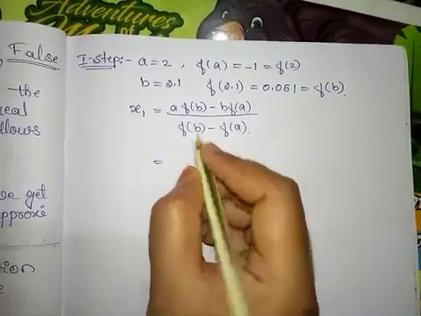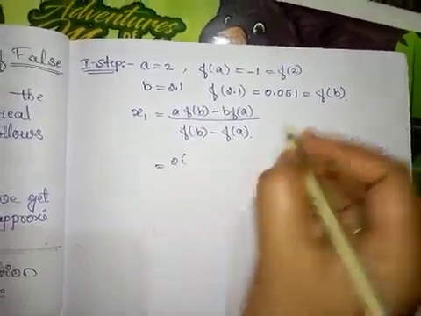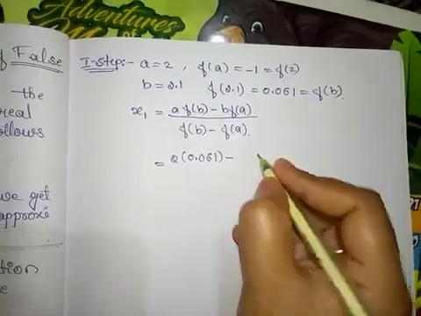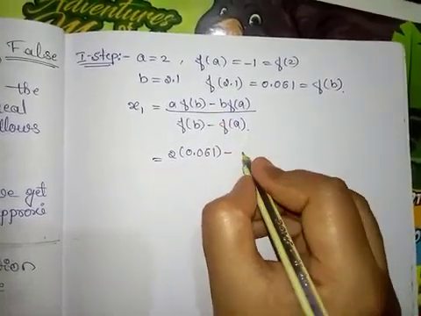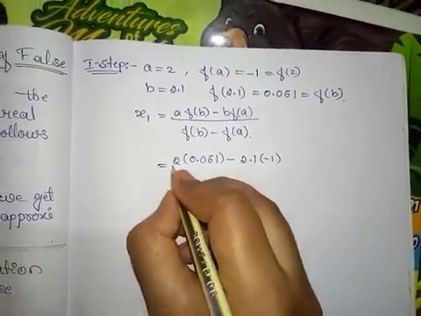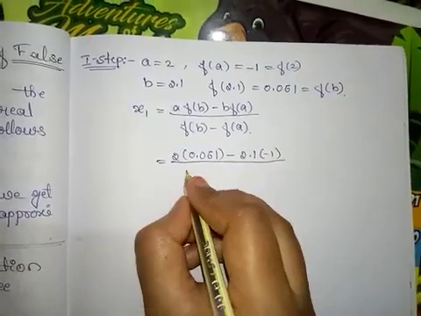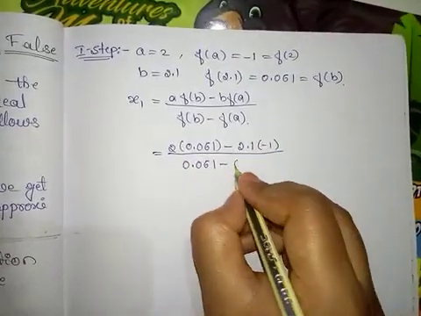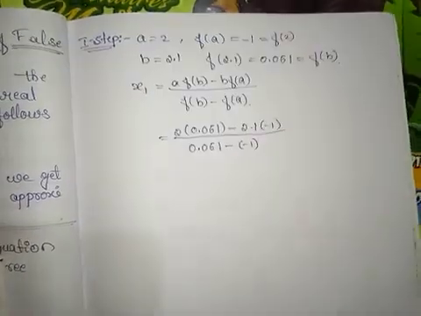That is equal to 2 into 0.061 minus 2.1 into minus 1, whole divided by 0.061 minus minus 1.